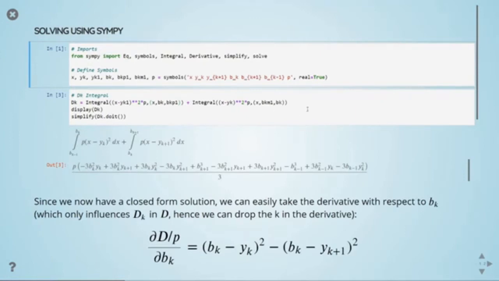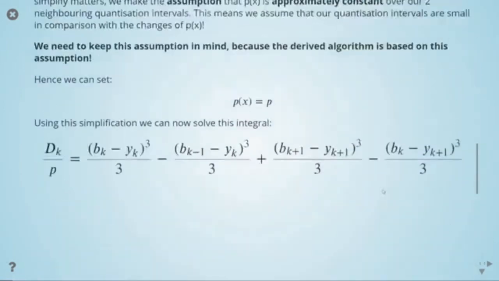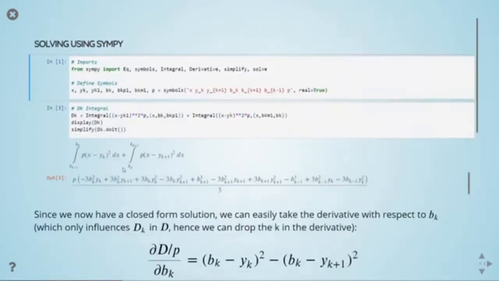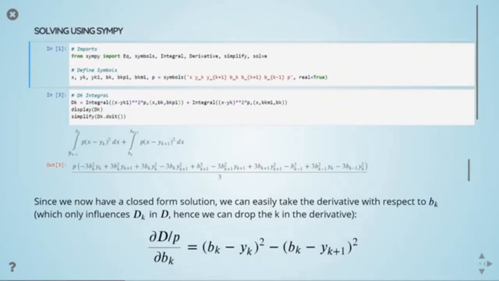So when we solve, we have this, which is just the expanded version of here. We have this to the power of 3. If we expand here, we have the p here and this 3 here, so d of k divided by p, and then this 3 here.